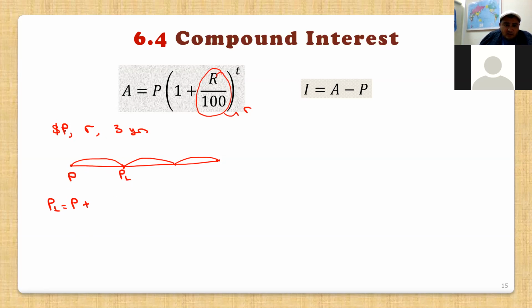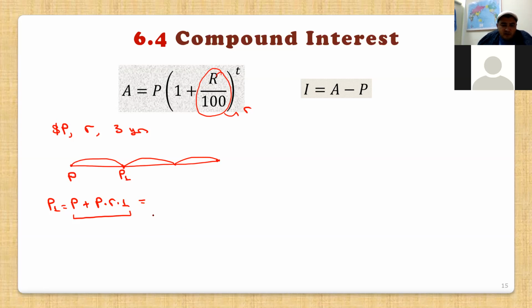That is calculated on P, because it depends on how much you deposit. P times rate times, and how many years pass here? Only 1. So actually P1 is this. At the end of 1 year, this much money is yours now. This much money you have in your account.